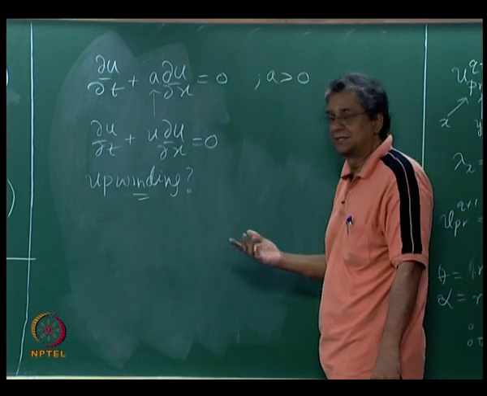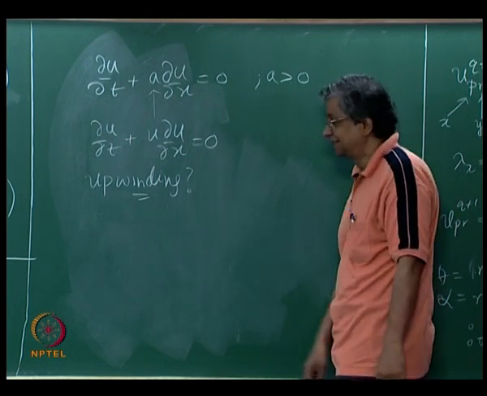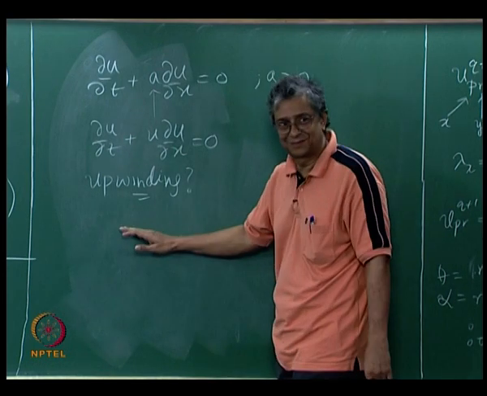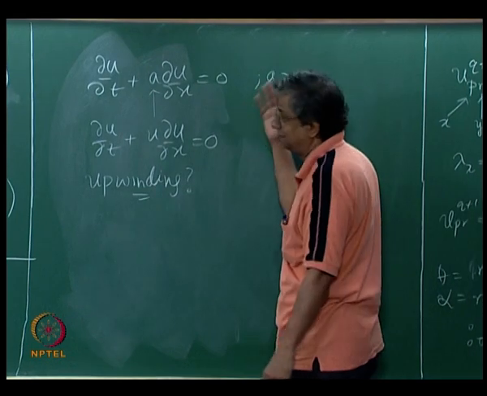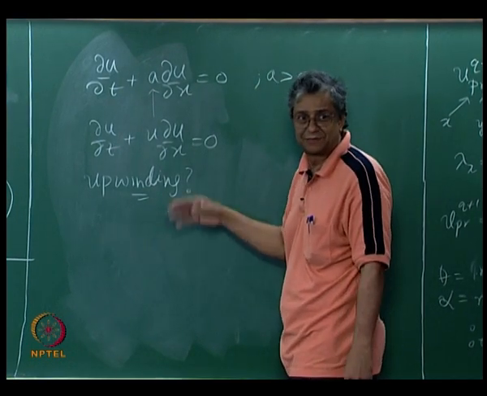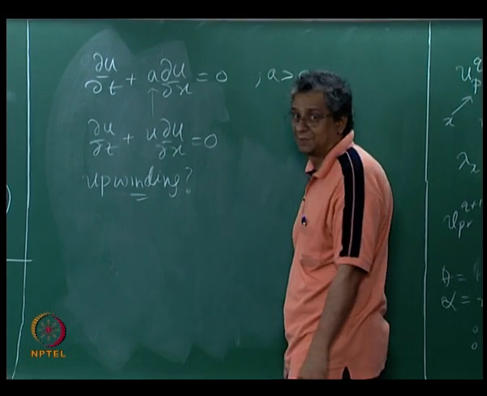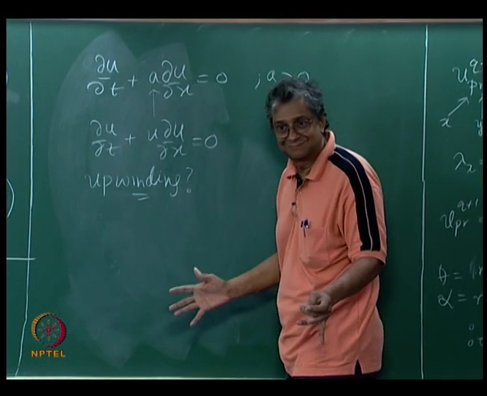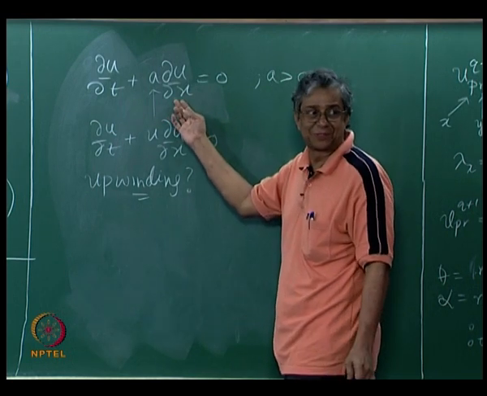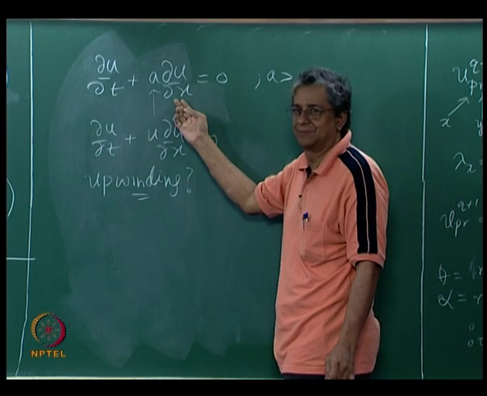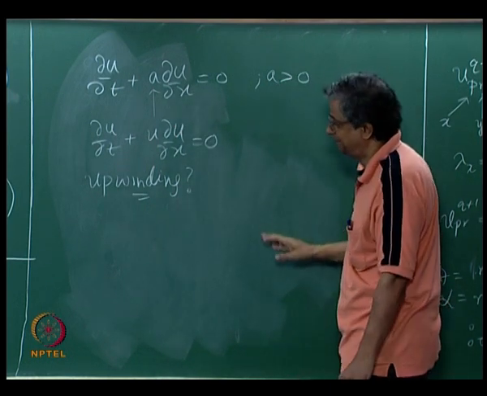Of course you could have an if-then kind of discretization. The algorithm then becomes: if a is greater than 0, use backward space; if a is less than 0, use forward space. That is a possibility. A equals 0 can be a headache; again we will see what that headache is at a later time.